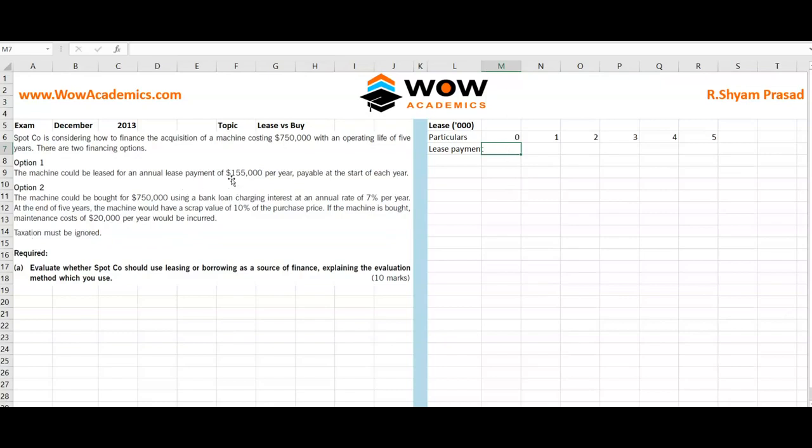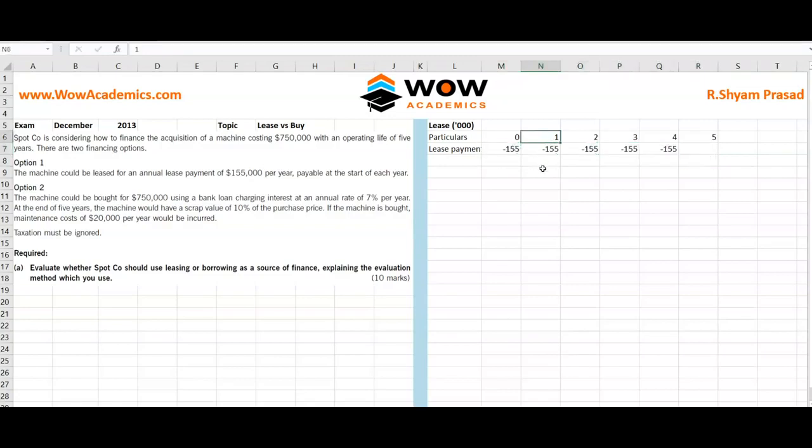So we'll start from the lease payment. So lease payment is 155,000. So it is payable at the start of the year. Start of the year means at the beginning. So first year, the 1 refers to the end of the year. 0 is the start of the year. So we pay minus 155 at the start. So we just carry this for 4 years.